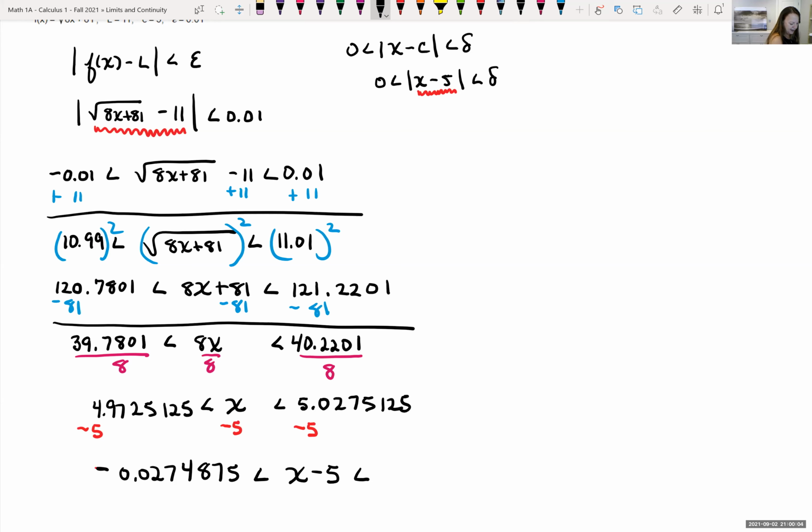So subtracting 5 on the far right-hand side, we get 0.0275125.